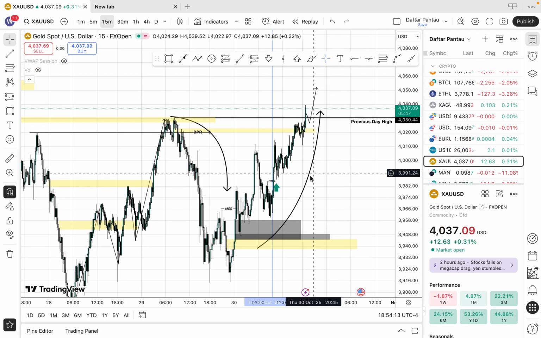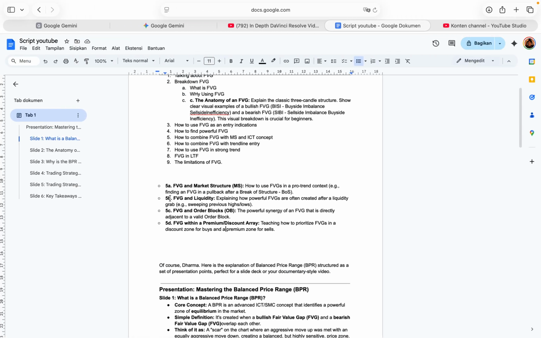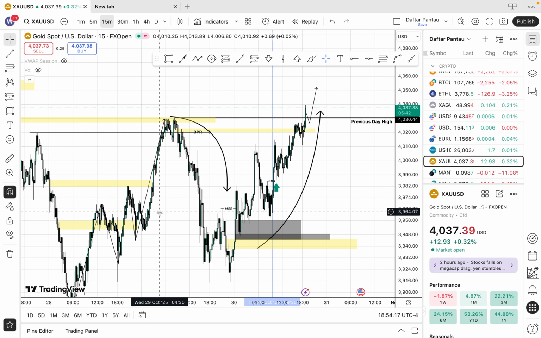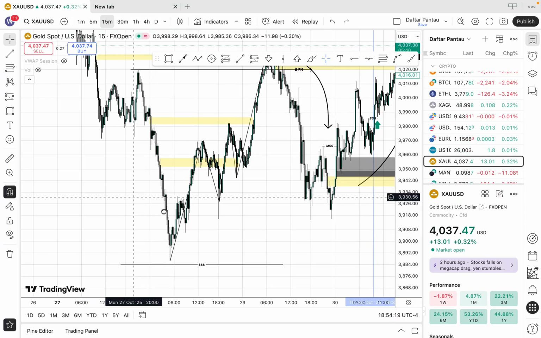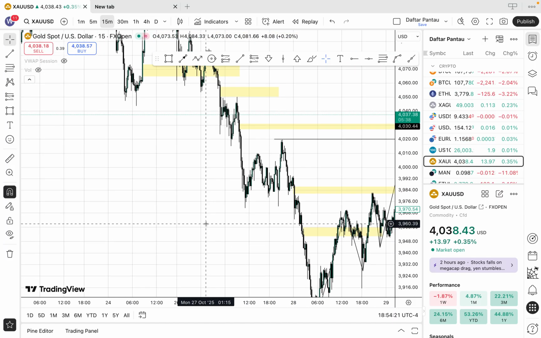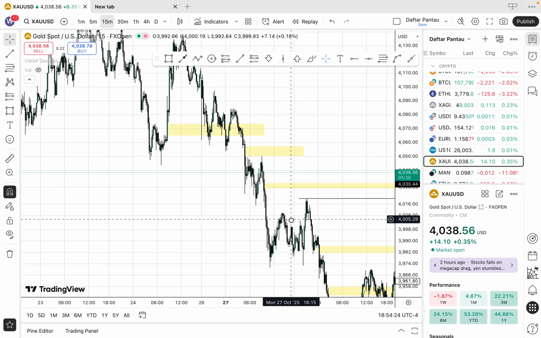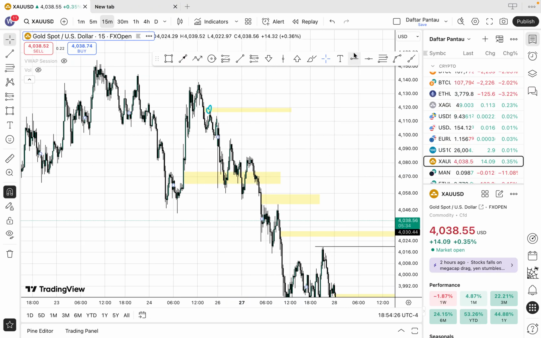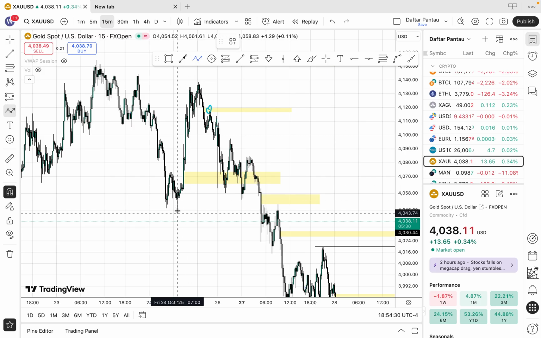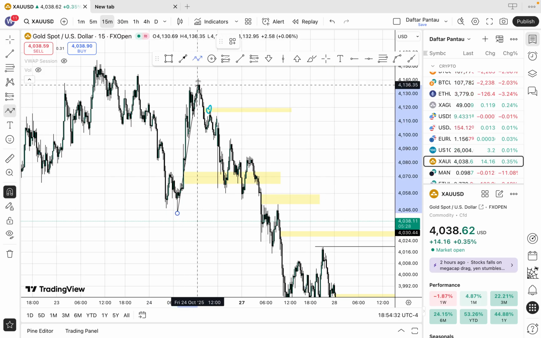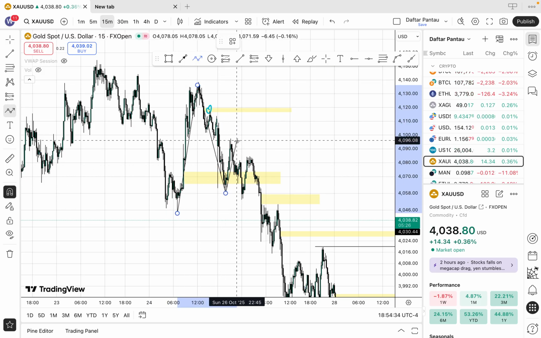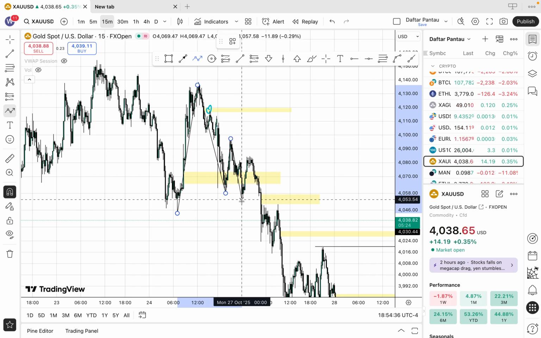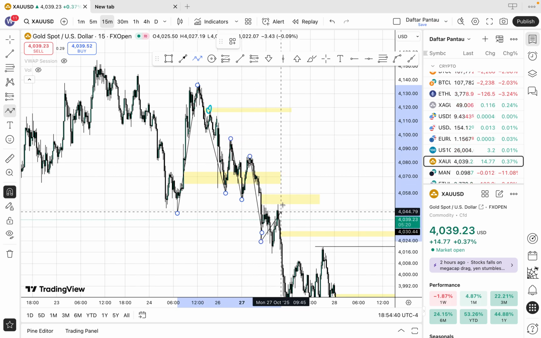I think that's it. So I have covered market structure. So what is market structure? It is swing high and swing low. To define market structure, you simply drag a line through the swing high, swing low, then swing high, swing low, swing high, swing low again, and swing high again, and this is the market structure.